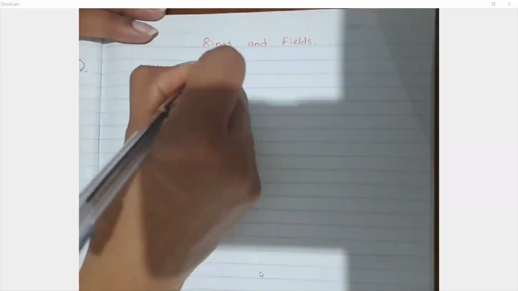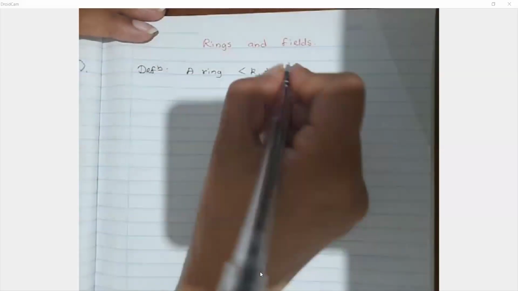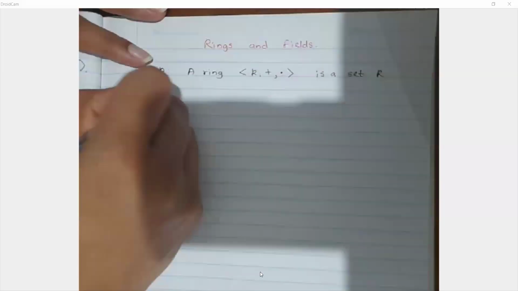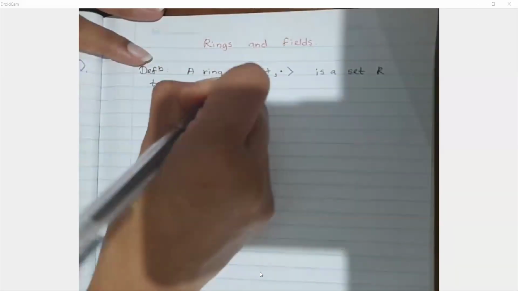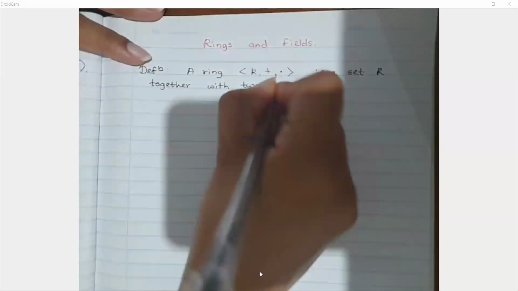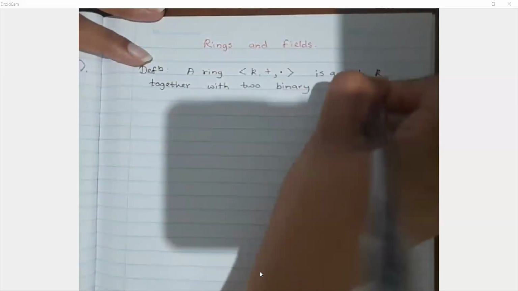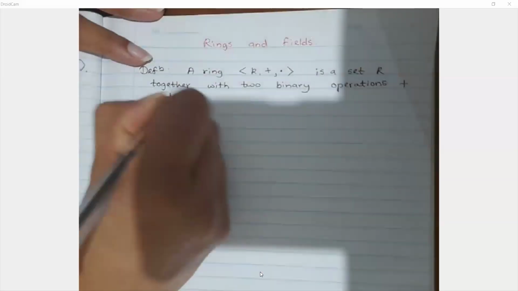Definition: a ring, usually denoted by R referring to the set, with addition and multiplication, the two binary operations, is a set R together with two binary operations, addition and multiplication.